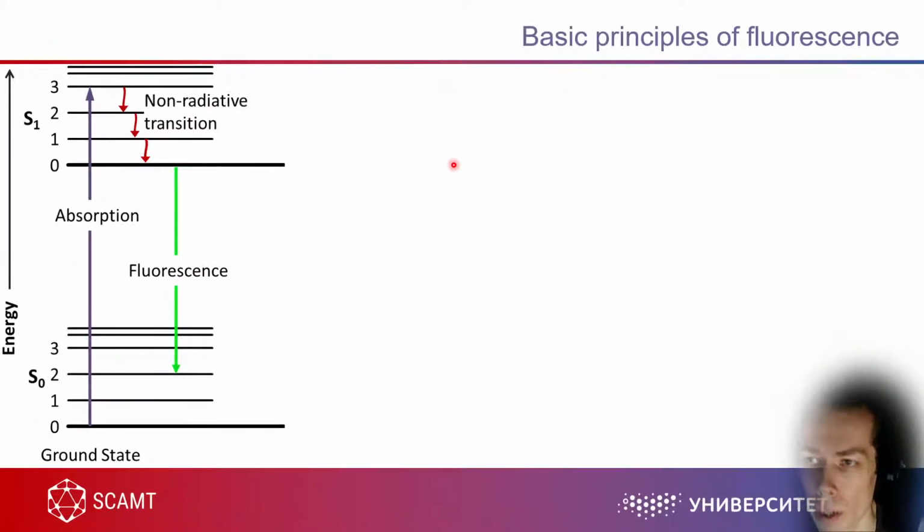If some of you are not familiar with the basic principle of fluorescence, it's very easy. In some fluorescent molecules there are energy levels, and if you have a photon with some energy, it can energize the system from one energy level to another energy level, and there can be non-radiative transitions and radiative transitions, which result in emitting additional photons.